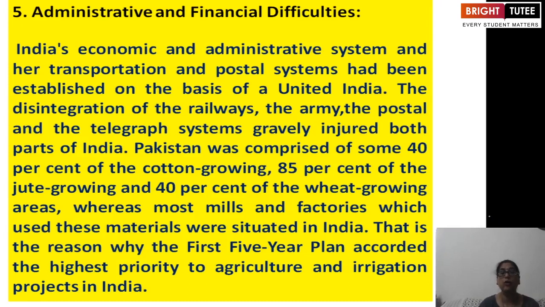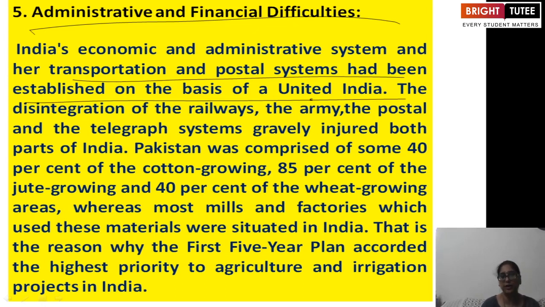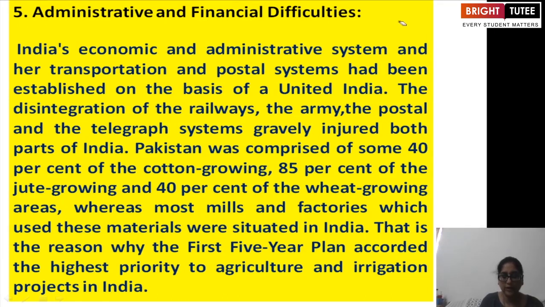The next point was administrative and financial difficulties, because they were finding difficulties in each and every field. India's economic and administrative system and her transport and postal system had been established on the basis of a united India.